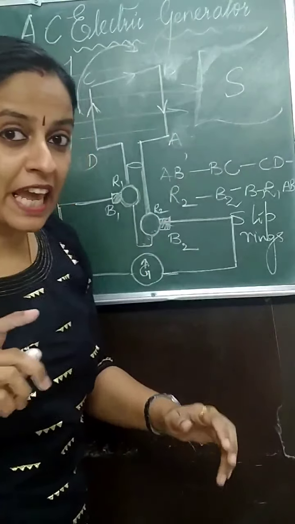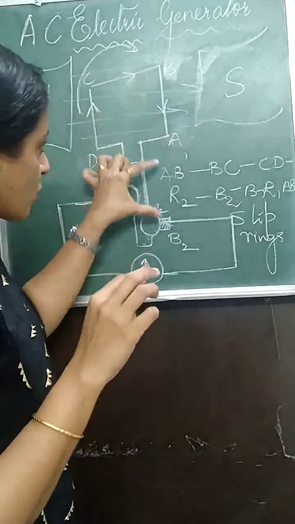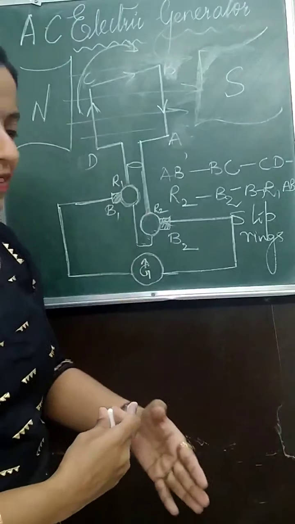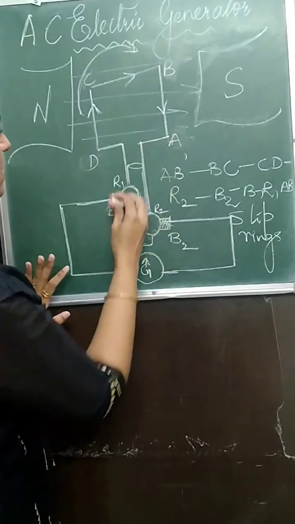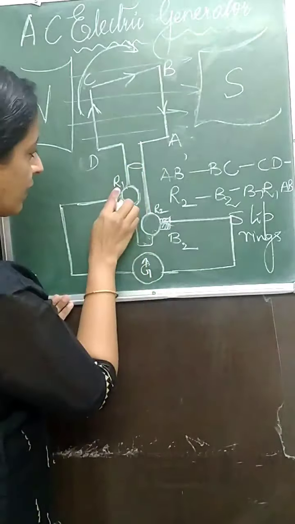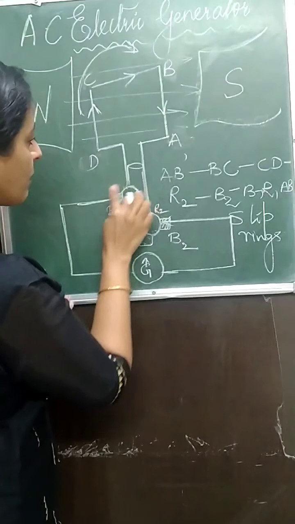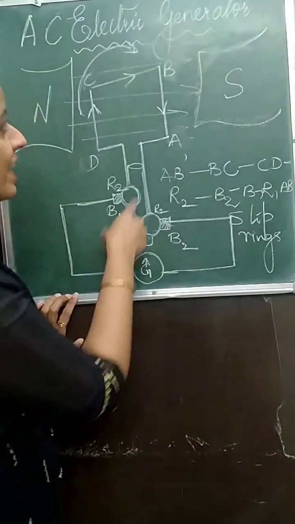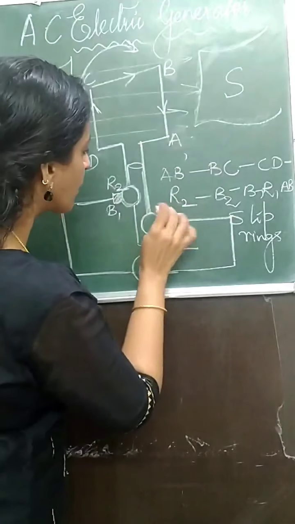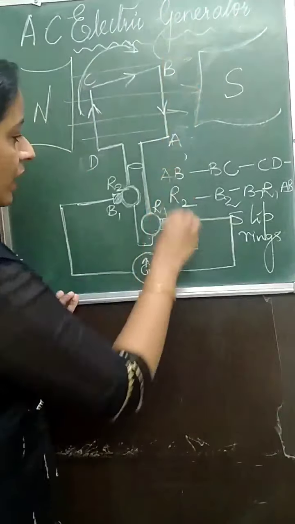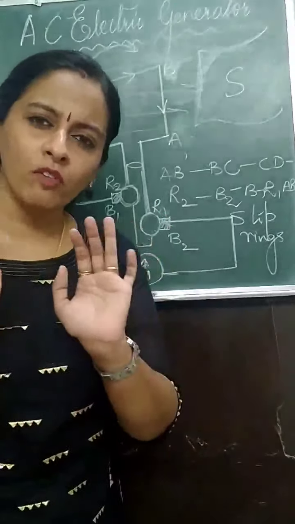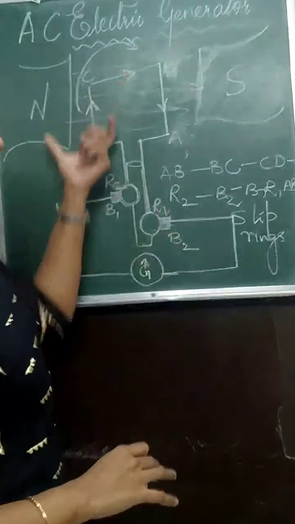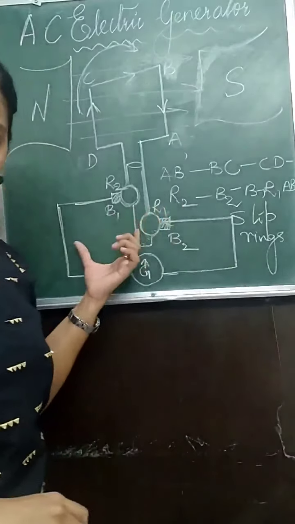what I told you in the beginning, the rings attached to the coil will also move. So what is happening here is, to the end CD, now it is not R1. R2 ring will reach here along with CD, and with AB, R1 ring will reach. For AB it will always be ring R1, for CD it will always be ring R2.